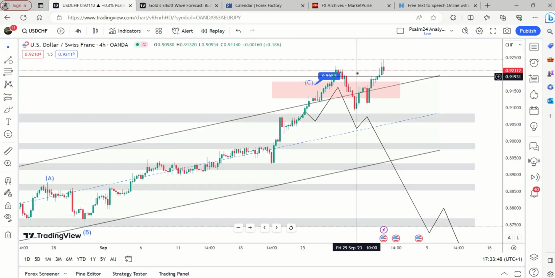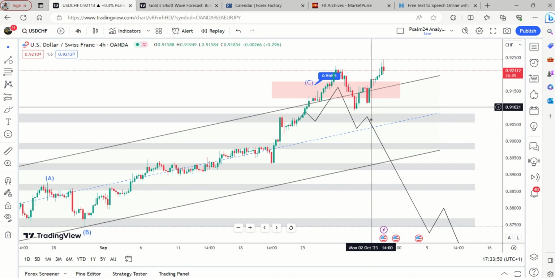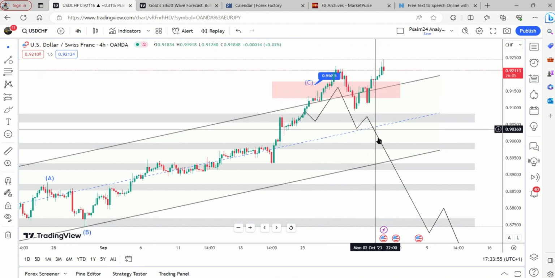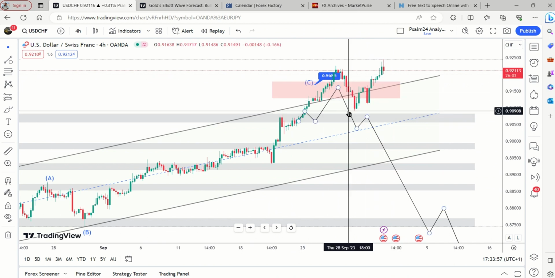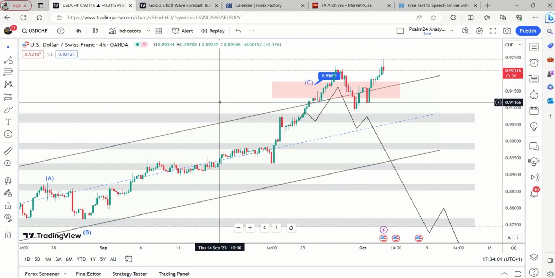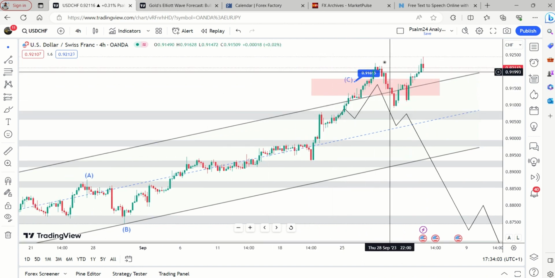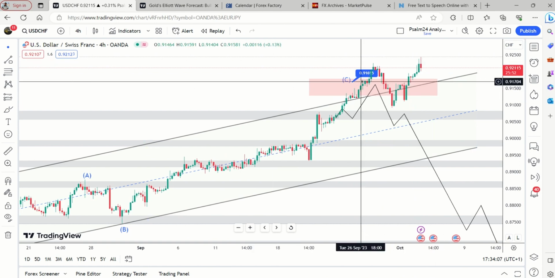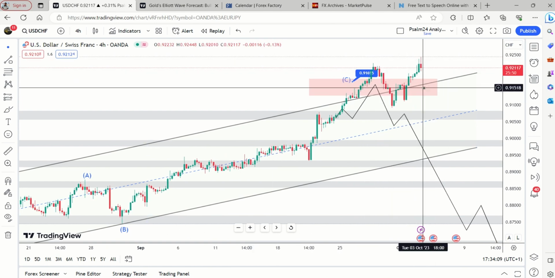We were expecting downward movement, a continuation of the downward move. Once we saw this reversal, we were expecting it to move to the downside. However, the market went against us. So this outlook has been invalidated. I will update this chart and present my forecast to you as time progresses in the coming days.